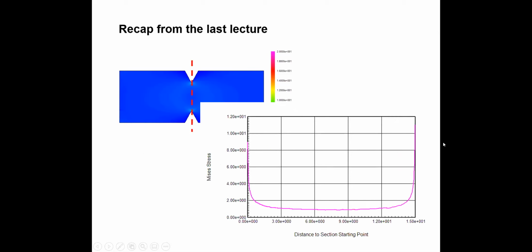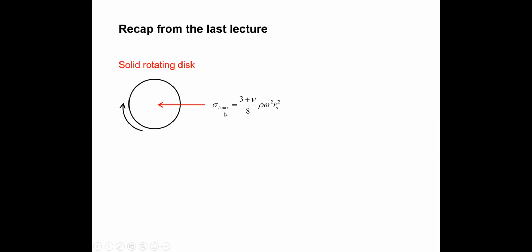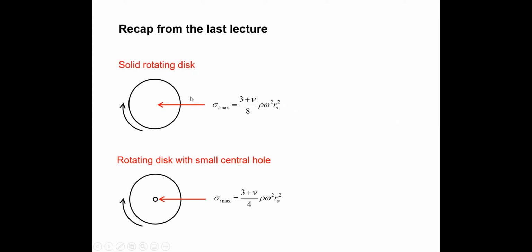You can see the stress is very high, and I told you I will discuss this equation later, because we will discuss thick wall cylinders. I will discuss how we can derive this equation and other things.